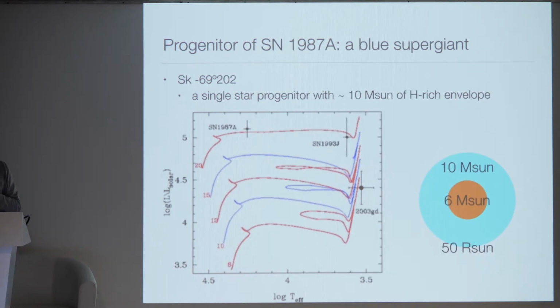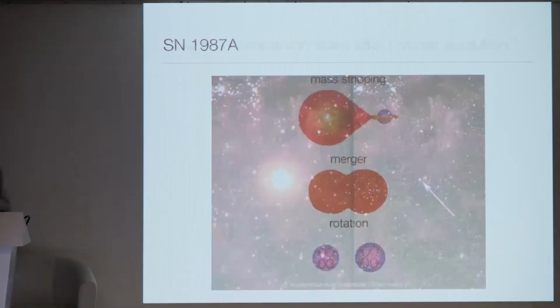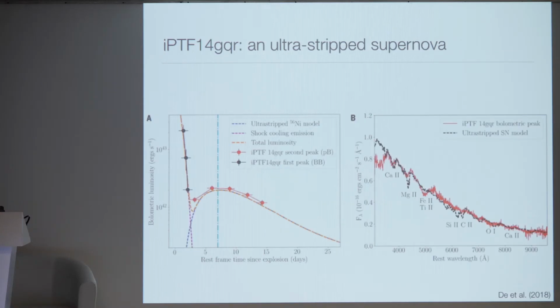Can you return to the previous one? I missed the idea. What is the first peak? Okay, so this I didn't explain, but this was kind of cooling. If the star is really compact, then we don't see the initial cooling as explained in the previous lecture.